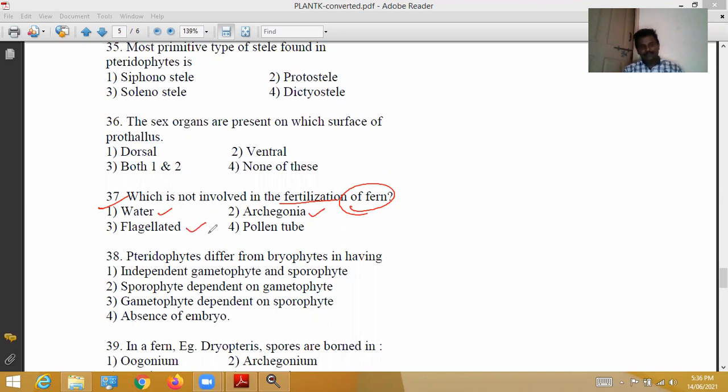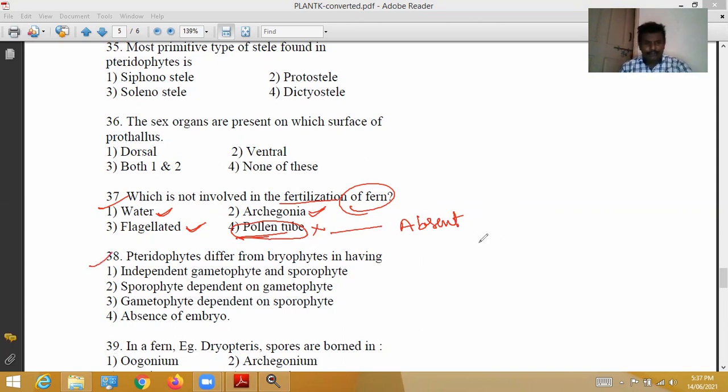Some antheridia have flagellated structures, flagella. These three are involved in fertilization, but the pollen tube is not involved, because in pteridophytes and bryophytes pollen tubes are absent. Pollen tubes are unable to form. So the correct option is the fourth.